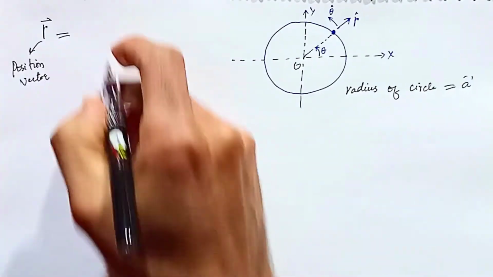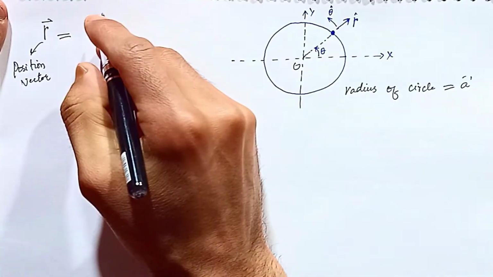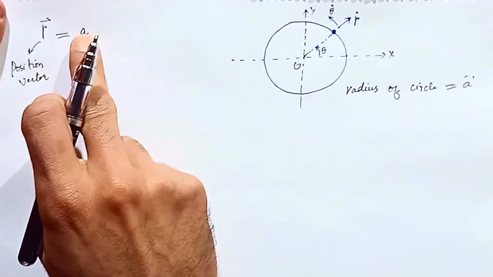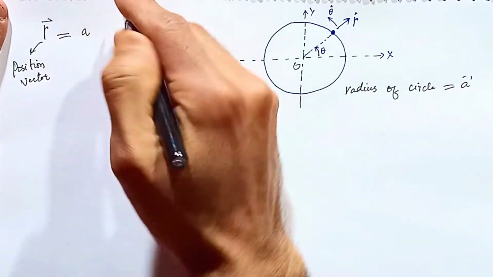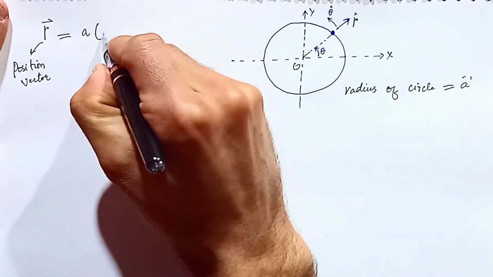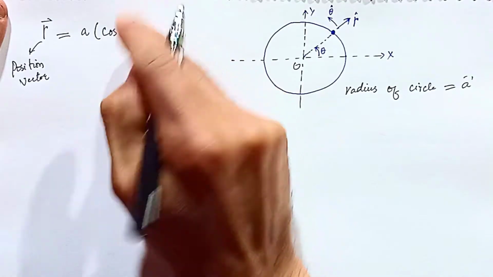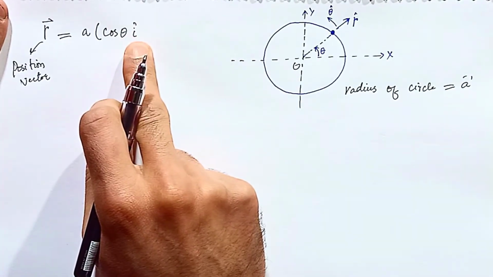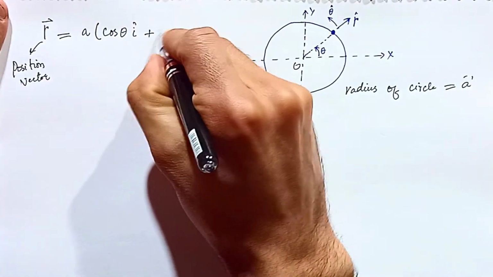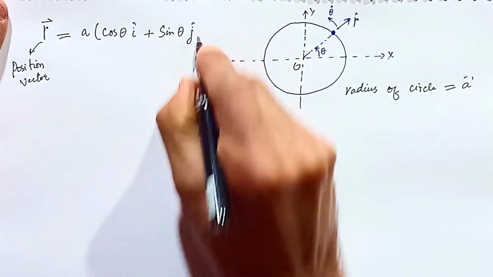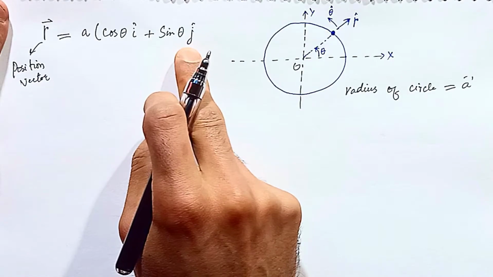So the vector r is equal to a, the magnitude of the vector, multiplied by cosine of theta i, where i is the unit vector along the x-axis, plus sine of theta j, where j is the unit vector along the y-axis.